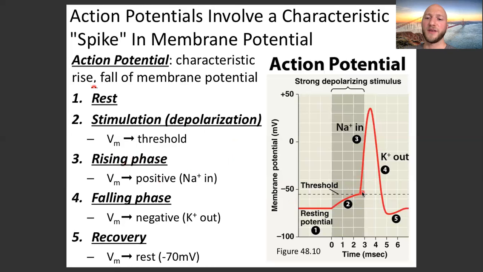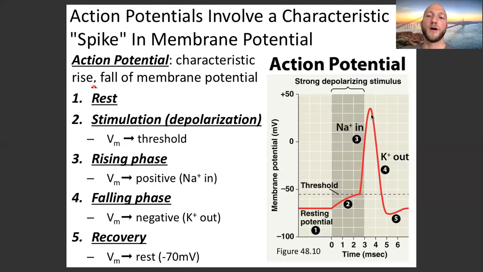At this phase, voltage-gated sodium channels are going to open on the axon, and it's going to cause sodium to rush in. Sodium is going to rush in, and it's going to cause the membrane potential to increase all the way up to about +30.